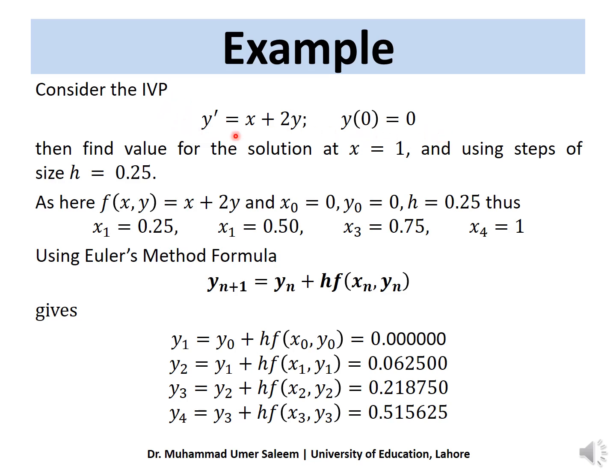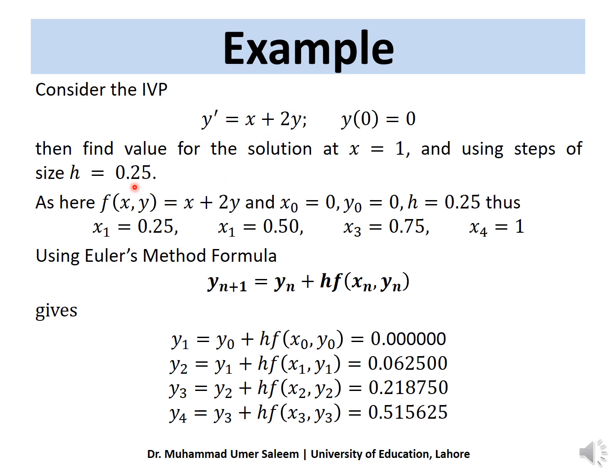This is a first order differential equation along with one condition. So here we have to find the value of the solution at x = 1, means we have to find y(1), using steps of size h = 0.25, means we have to reach 1 and we have to take steps of 0.25.